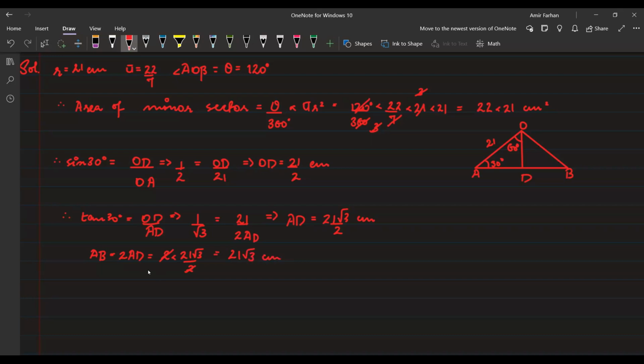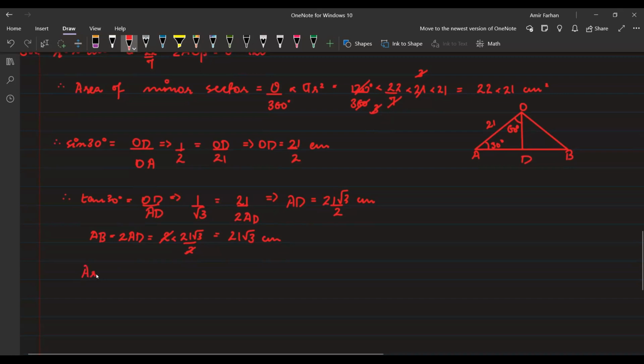So now we have got the value of height and base. So area of triangle would be nothing but half base into height. Area of triangle OAB is equal to half into base, OD, into AB.